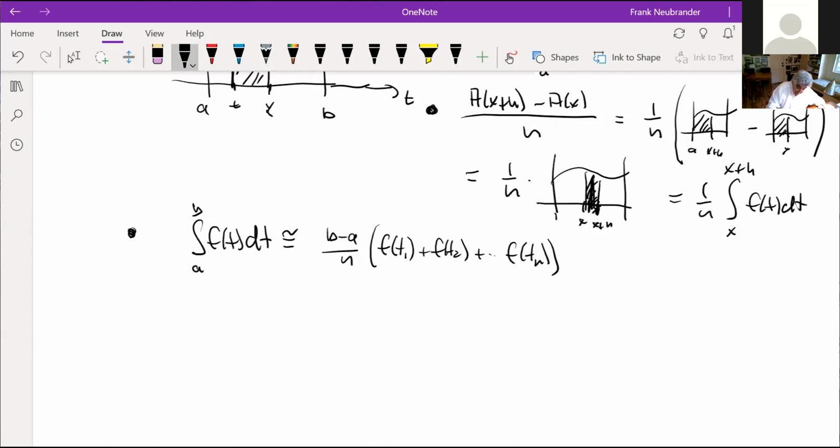This is the Riemann sum. If you divide it by b minus a, then the b minus a here goes away. Then you have here 1 over n. So that means if you divide a definite integral by the length of the interval, you get an average.